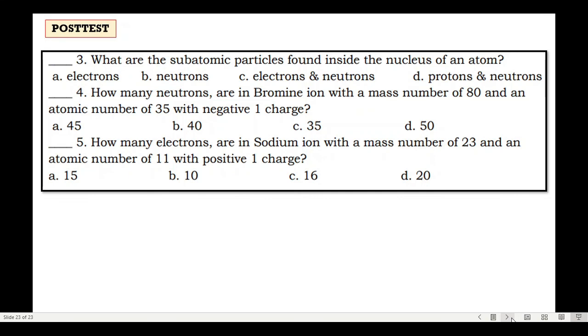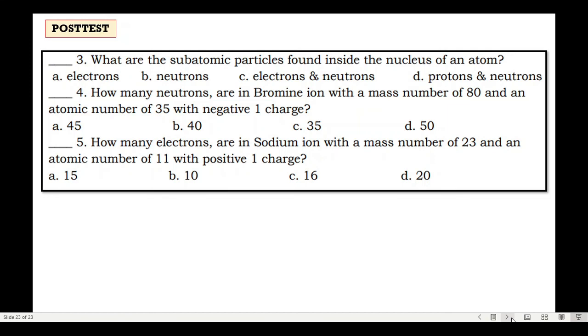A. 45, B. 40, C. 35, D. 50. Number 5. How many electrons are in a sodium ion with a mass number of 23 and an atomic number of 11 with positive 1 charge? A. 15, B. 10, C. 16, D. 20.